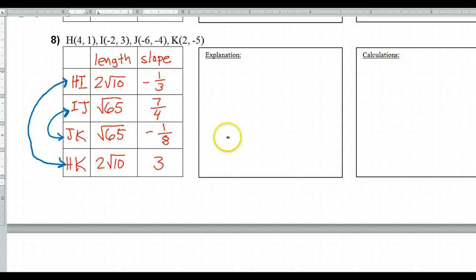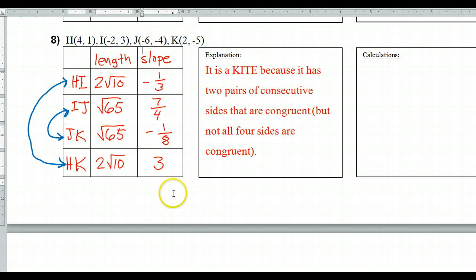So this is a kite, and here is that final explanation. It is a kite because it has two pairs of consecutive sides that are congruent. But not all four sides are congruent, because that would be a rhombus, and we cannot have that being a kite. So there it is, boys and girls.